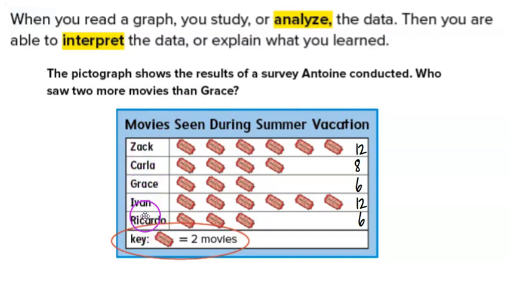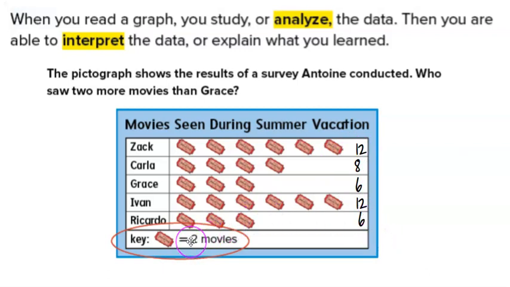I can infer, I can figure out that those are the names of the people who they surveyed. Then each movie ticket represents 2 movies. So next, I'm going to figure out how many movies each person saw. I like to write that information here on the graph, just so I don't forget.